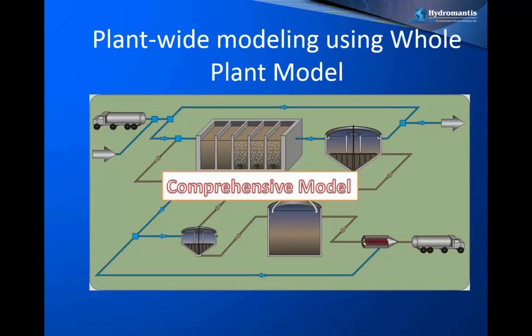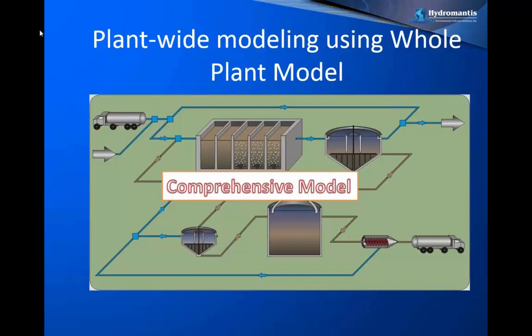So in this particular model, we are tracking all the states throughout the plant, and the processes which are defined underneath become active depending on the electron acceptor conditions in different parts of the plant. But all the reactions are there and they become active only when they need to be active.